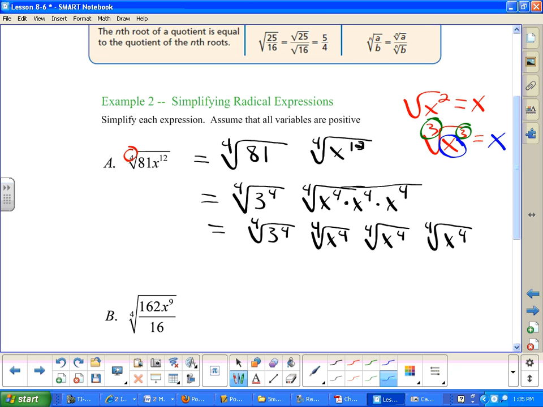So the reason for writing as much as we could to the fourth power is that the fourth root of something to the fourth power is that something. So in this case, we get 3, since these two numbers are the same. And then the fourth root of x to the fourth is x. So I have an x, and an x, and an x, which gives me x cubed.